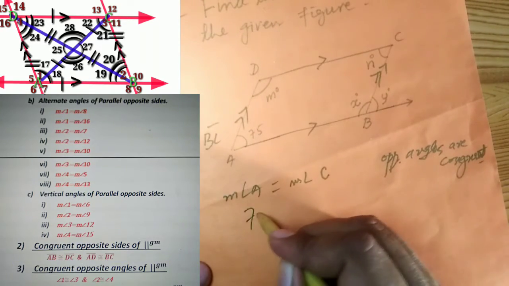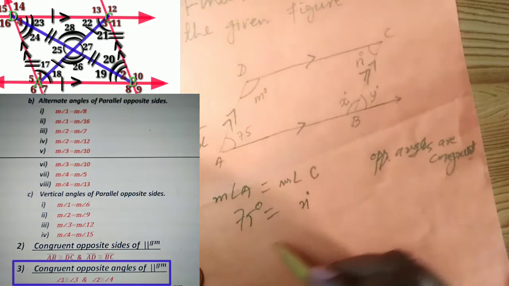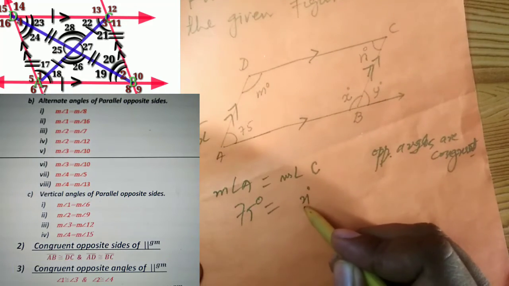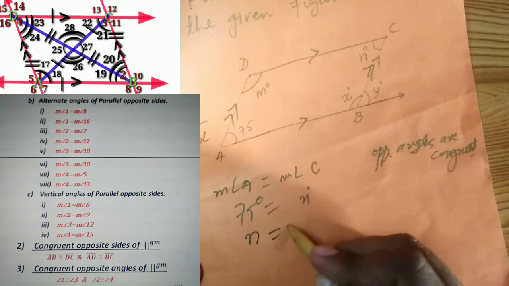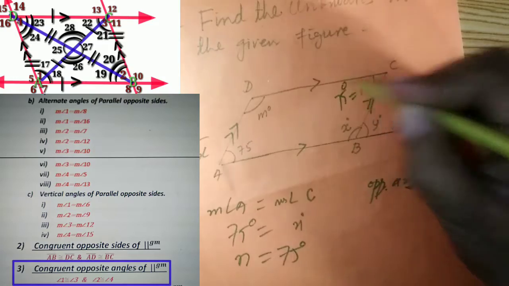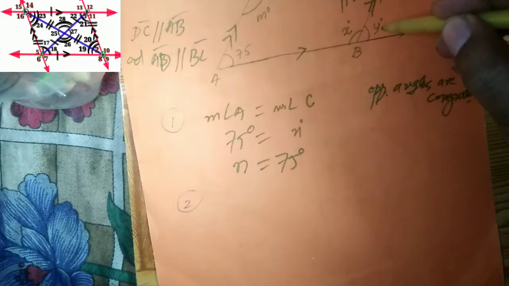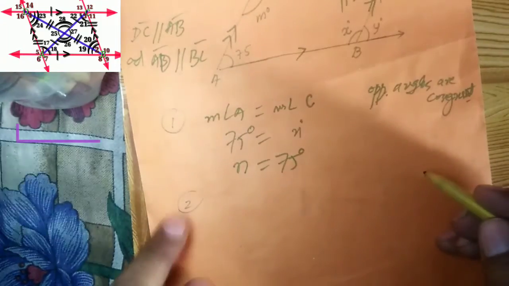Measure angle A is equal to 75 degrees and C is equal to n degrees. So n is equal to 75 degrees. Angle n is equal to angle y, which is alternate angles.